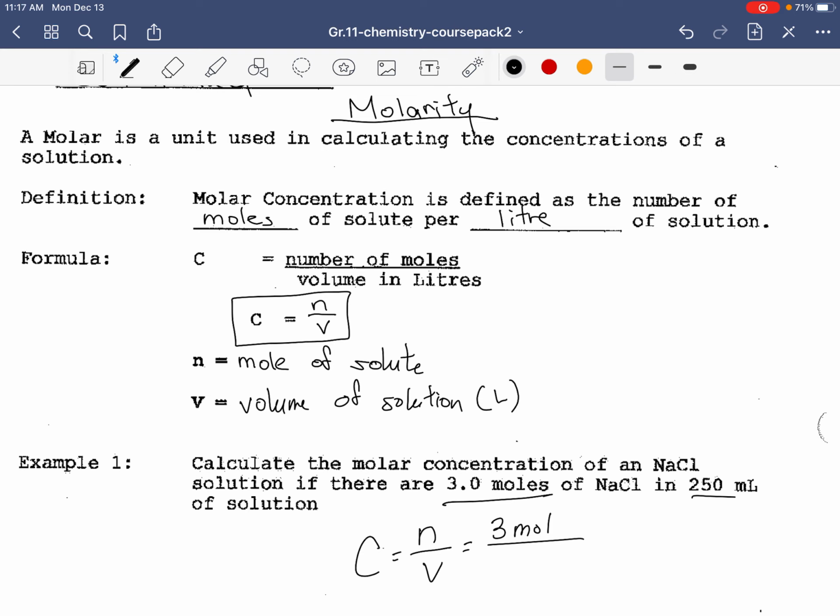And you're not going to use 250, are you? Because volume is said to be in liters. So you're looking at 0.25 liters. So 3 divided by 0.25. Well, those of you who are mathematically savvy, that is times 4. That's 12 M.